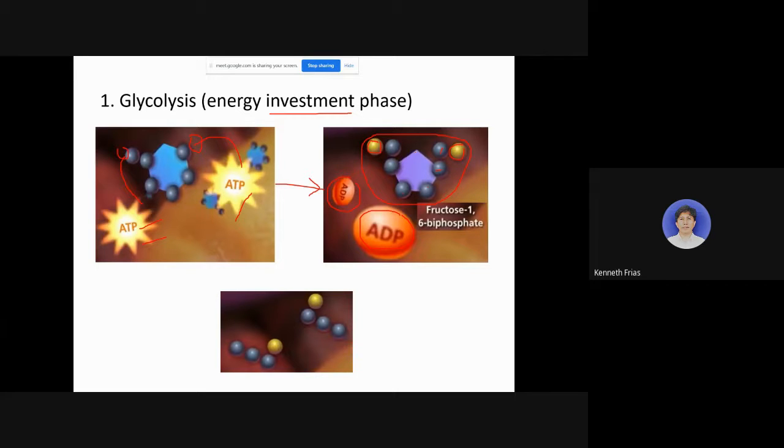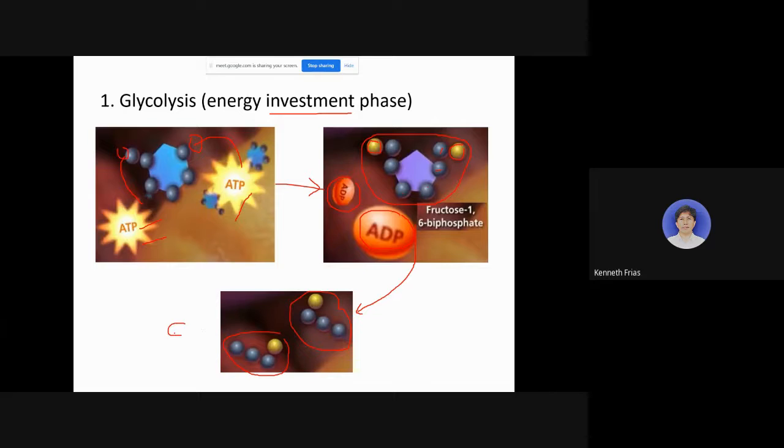And then eventually this fructose 1,6 biphosphate will split with the help of an enzyme called aldolase. And then it will become these two molecules. This is not yet pyruvate. This is what we call G3P and DAP.